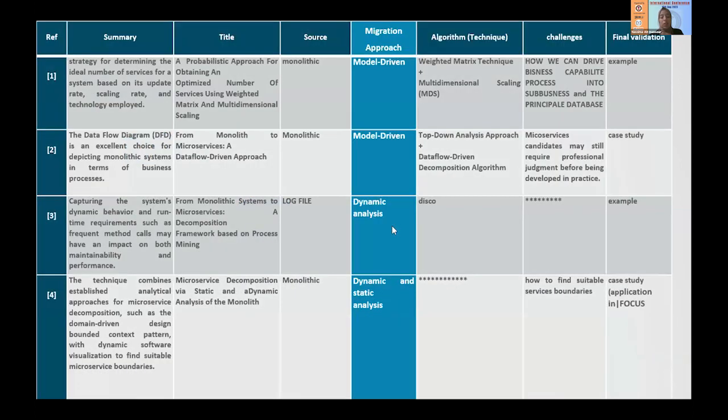Okay, so I have read a lot of articles, but I chose these 4 articles. The first two, 1 and 2, use the model driven migration approach. The first one tried to decompose the monolithic application based on business process or business capability.